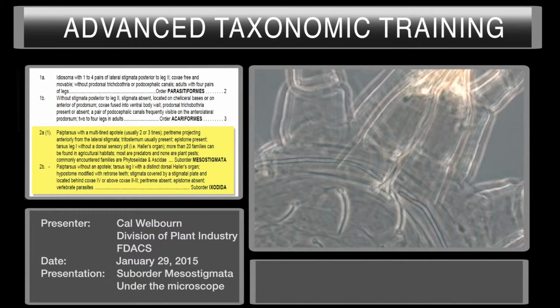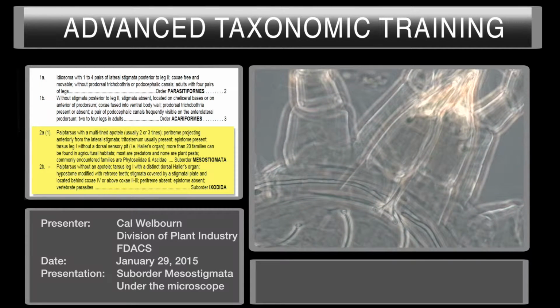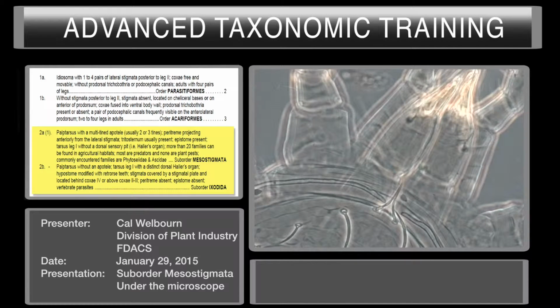To see the epistome, we want to go to the dorsal side of the gnathosoma. And we can tell we're dorsal by looking at the idiosoma. These are the dorsal setae. So we're now looking at the dorsal side of the gnathosoma. We use multiple characters for doing identification in case you can't see one.